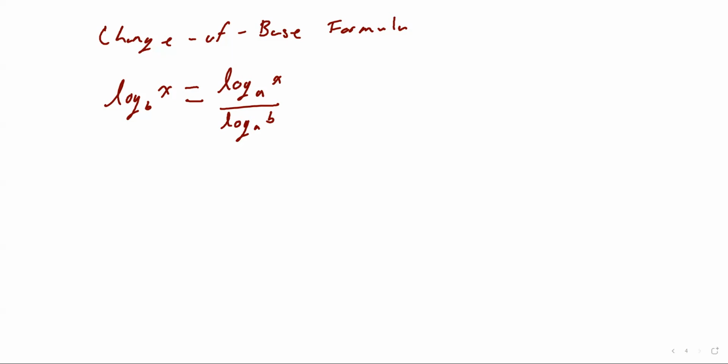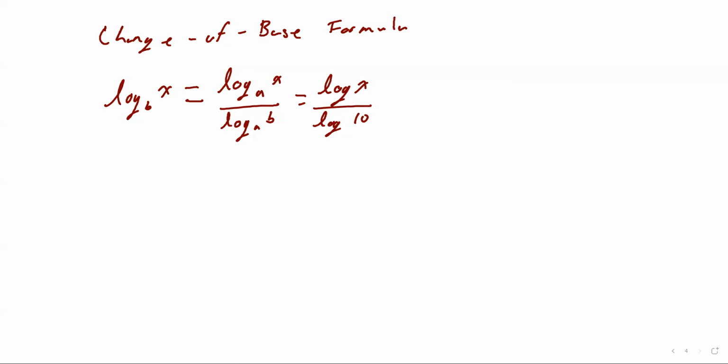When you want to rewrite this, make a your base of 10. So instead, just write it as log of x over log of b, and make those a's equal to 10, because you get to choose whatever your base wants to be. Those are a's, not nines or n's or threes. The base can be anything you want.